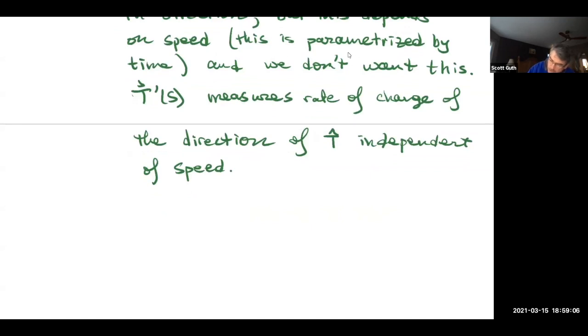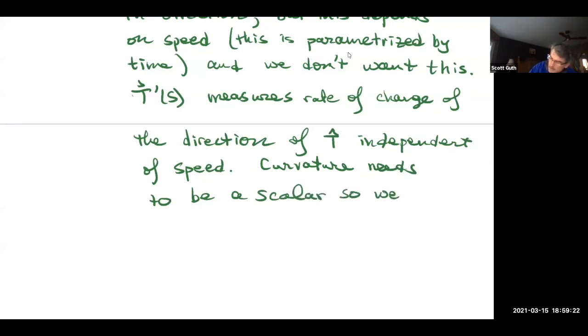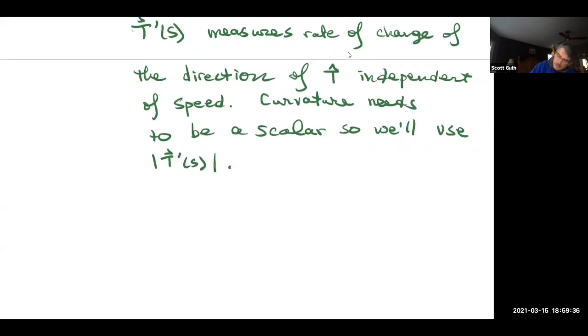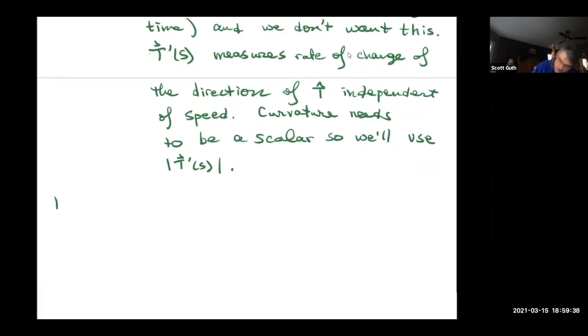Curvature needs to be a scalar, so we'll use the magnitude of T prime of s. Okay, so here's our definition.